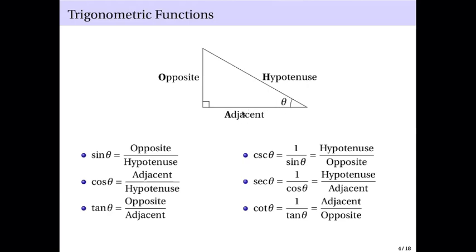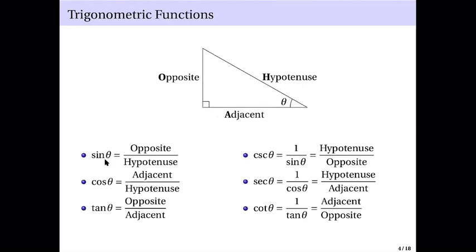So the adjacent is the one adjacent to the angle, and the opposite is the one opposite to the angle. So with these names, we have theta here, the opposite is the leg opposite to the angle theta, adjacent is the leg adjacent to theta, and the hypotenuse, of course.